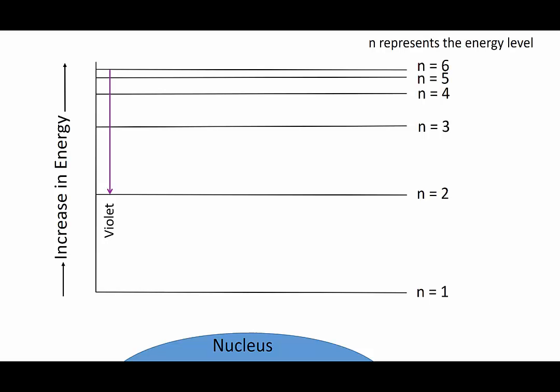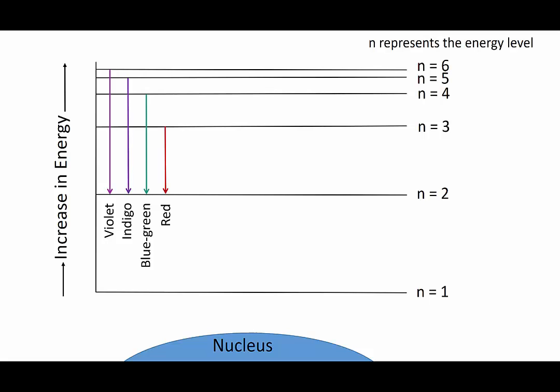Now, if an electron jumps down from level 5 to level 2, it happens to match the energy for that indigo light. And then the next 2 jumps, going from 4 down to 2, that gives you the blue-green, and then 3 down to 2, that gives you the red light. And notice that those lines match the line spectrum for hydrogen.